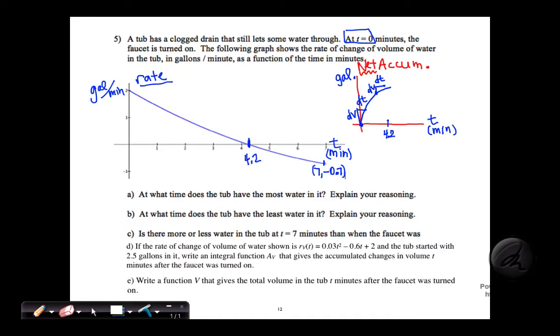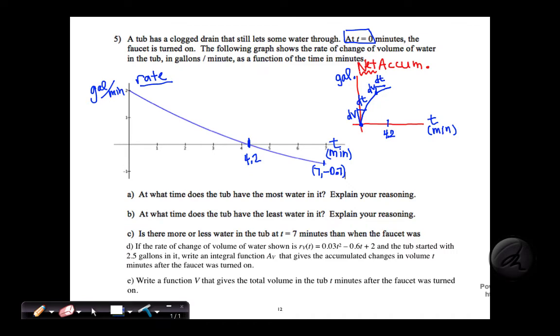So by time 7, the water that we accumulated in the first 4.2 minutes, would that all be gone, partially gone, more than all of that is gone? Partially gone, right? We haven't drained for as many minutes or at as fast a rate. I guess there's not enough negatives to compensate for the positives in this rate. Just estimating, these are negative rates, but not very negative.